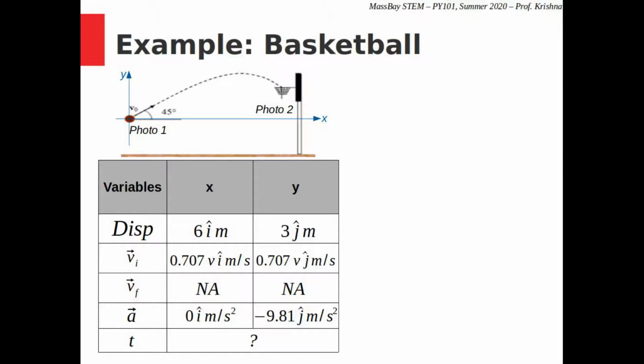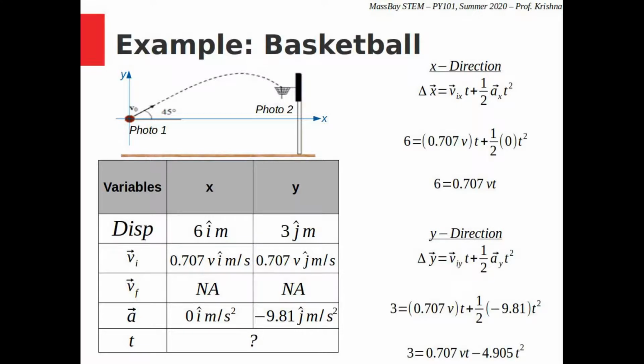One is v, the initial velocity, and the other is time. So let's write out 2 equations, one in x, one in y, that include these 4 variables: displacement, initial velocity, acceleration, and time. The only equation that weaves together these 4 variables is toolbox equation 2.